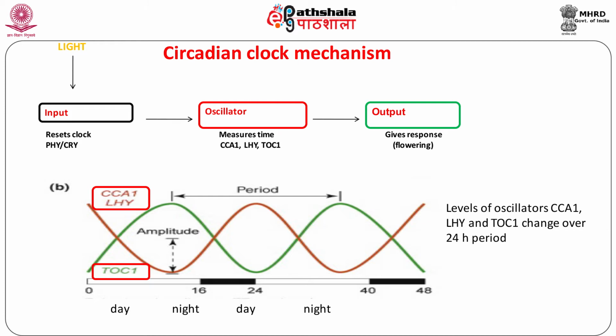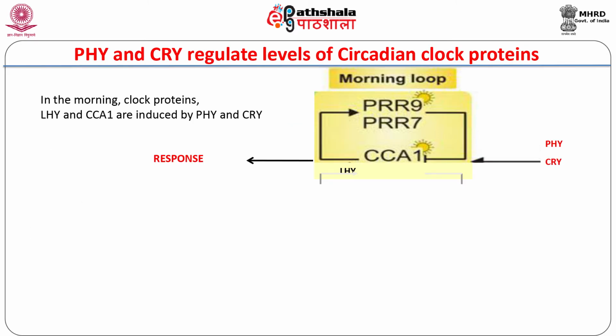Two proteins have been identified which show an oscillatory behavior in expression during a 24-hour period. These proteins belong to a class of transcription factors called MYBs. They are the Late Elongated Hypocotyl or LHY protein and the Circadian Clock Associated 1 or CCA1 protein.